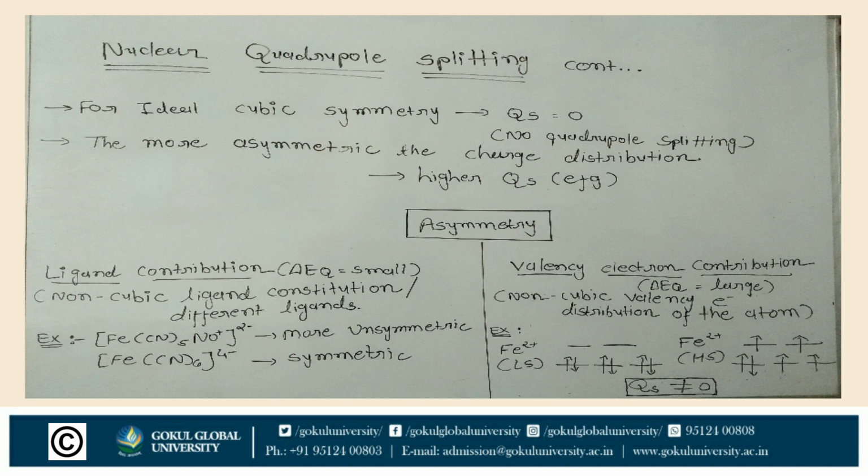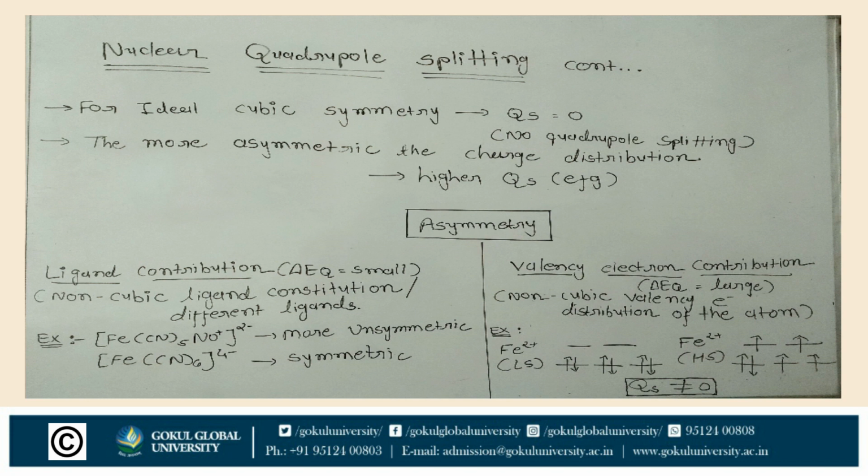So we will get the two dips far from each other. Their distance will be large. What is this electron contribution? The non-cubic valence electron distribution of the atoms. It means the electrons are distributed unevenly.